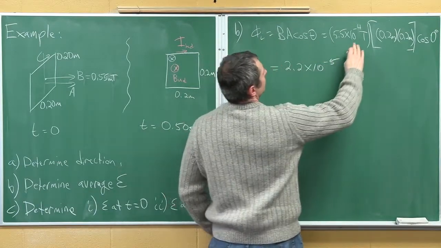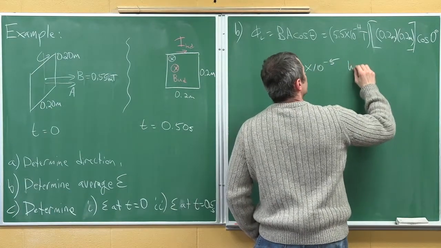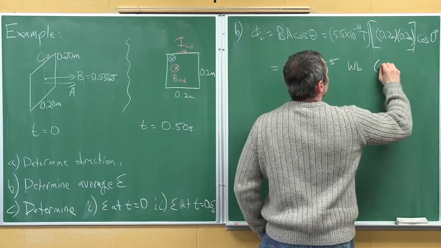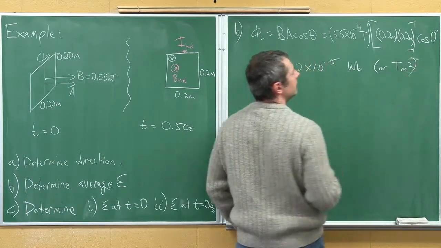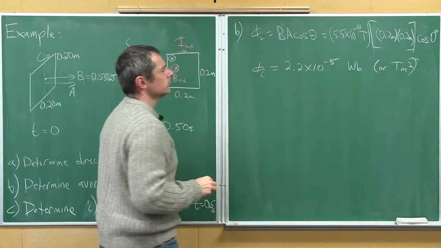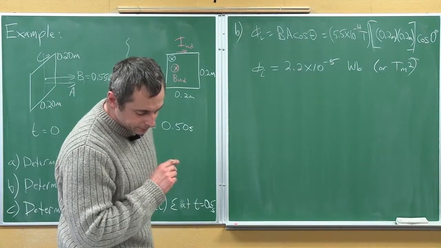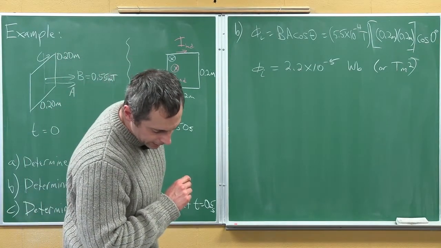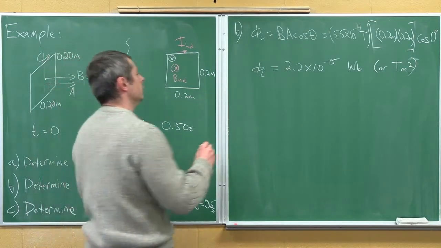Now, you could say Tesla times meters squared. That's fine. Or you can say Webers. Either one, both 100% correct. That's the initial flux. So the next thing that we need to calculate is the final flux.